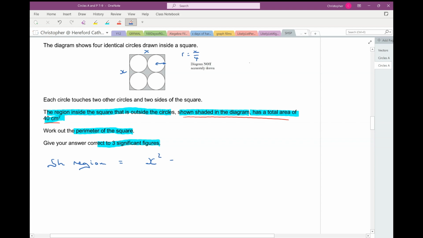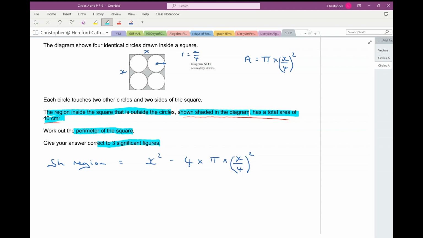Well, the area of one of the circles is pi r squared, so that's pi times x over 4 squared. So I just want to take away 4 of those, so 4 times pi times x over 4 squared. So there's an expression for the shaded region. Let's just recap that. It's the area of the square, subtract 4 circles.